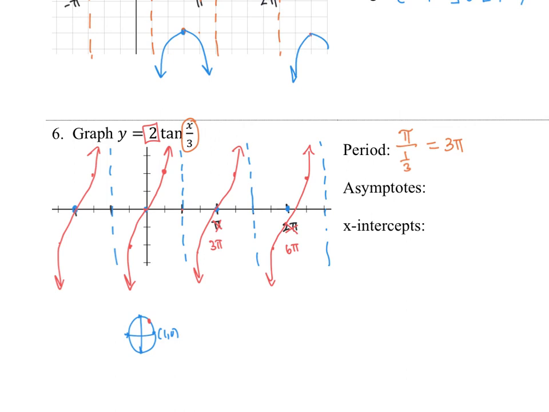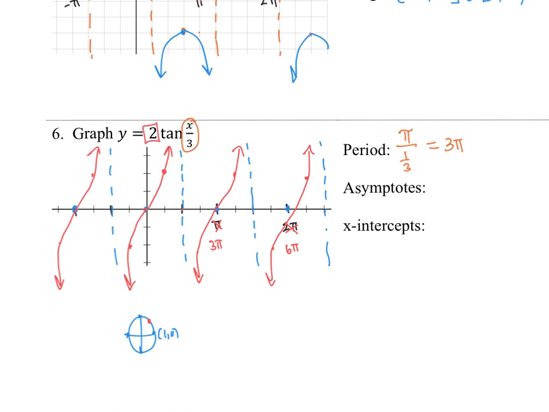Now I'm going to have to write an equation representing the asymptotes and the intercepts. I already got the period. Let me look for an asymptote, and then I'll try to figure out how to make it into an equation. So there's an asymptote right here. It's between the 0 and the 3 pi.